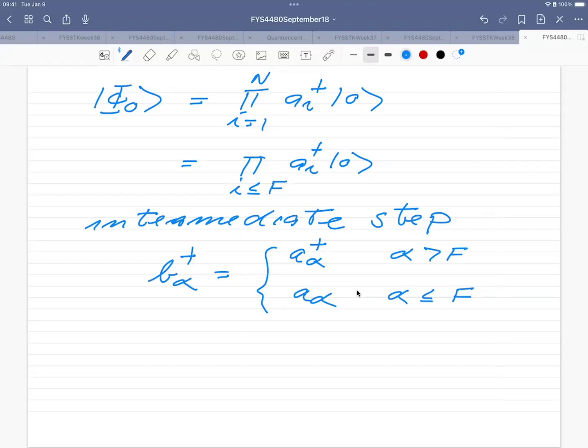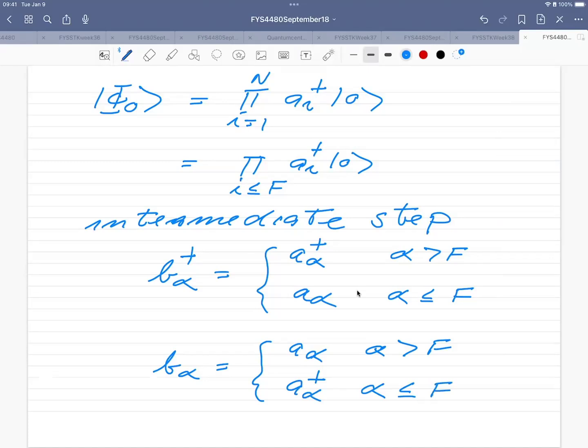And you will see that this is going to give us essentially the same anti-commutation rules, but the operators are going to have a slightly different meaning. And then we have a B alpha, which is given by A alpha if alpha is larger than the Fermi level, and A alpha dagger if it's less or equal than the Fermi level.